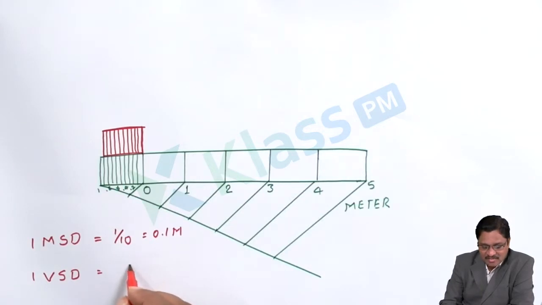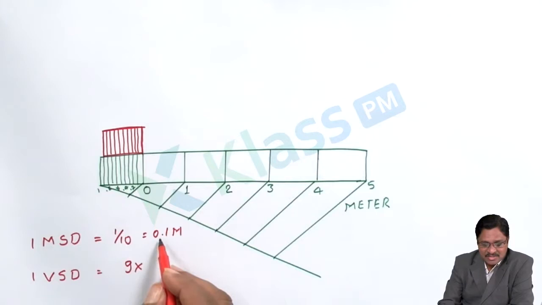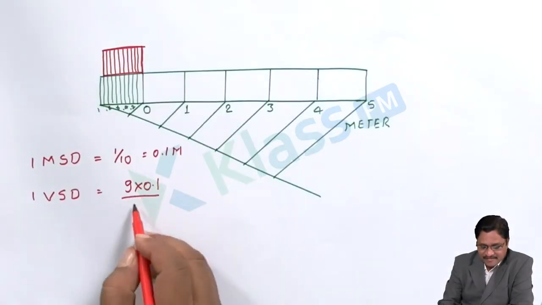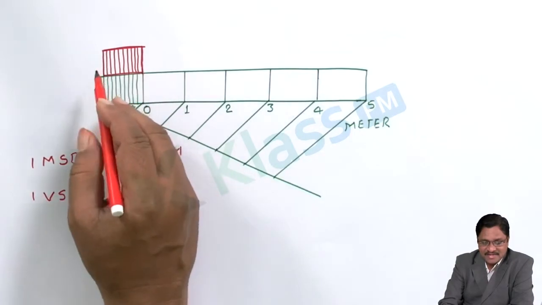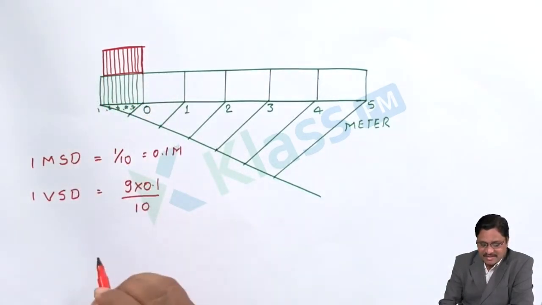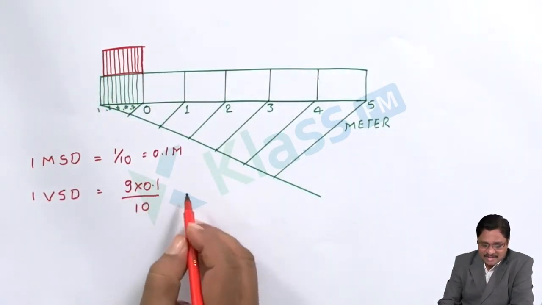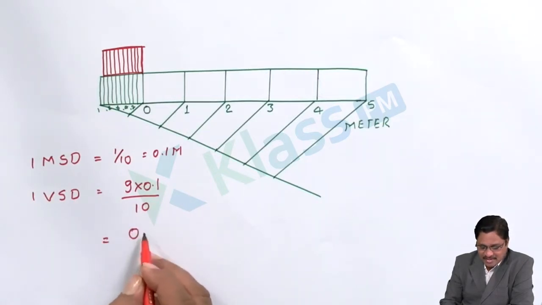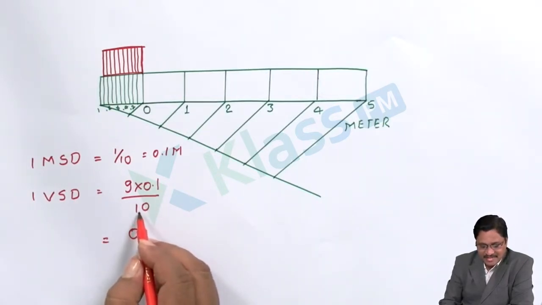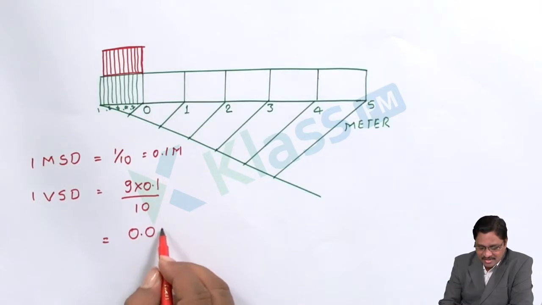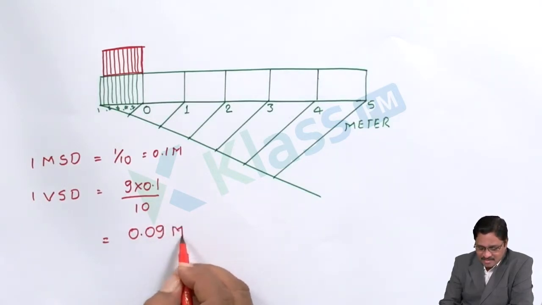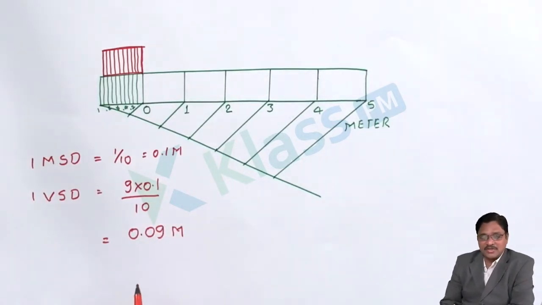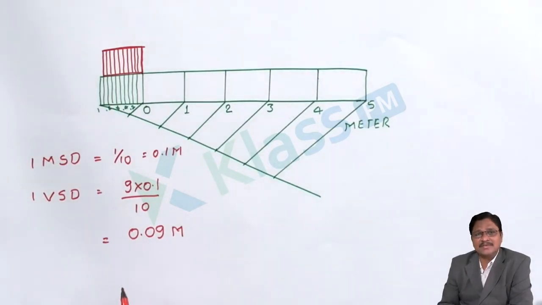So 10 minus 1 is 9, into each division value 0.1, divided by the number of divisions, 10. So 9 into 0.1 is 0.9. 0.9 divided by 10 is 0.09 meters.